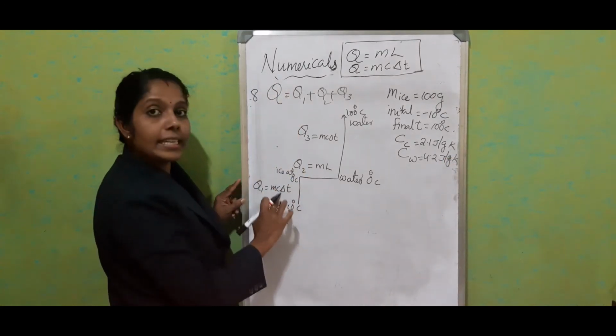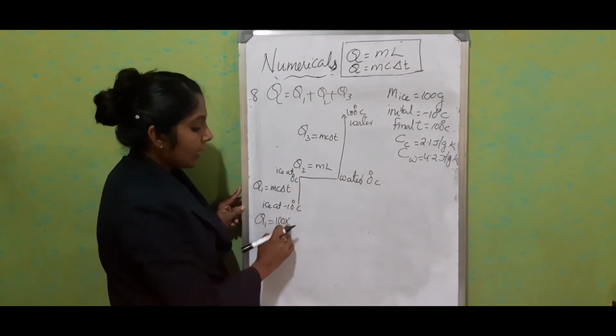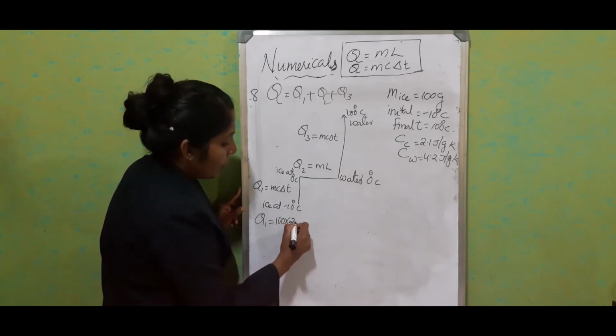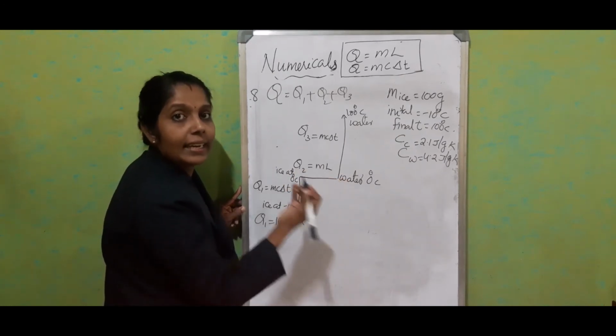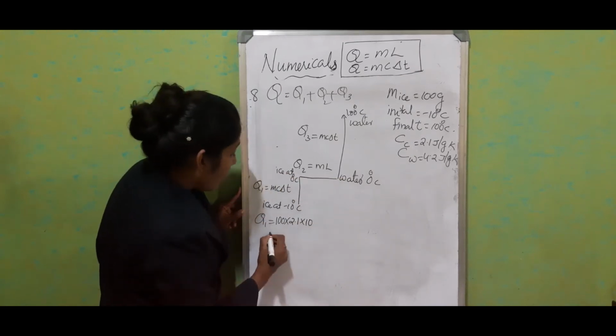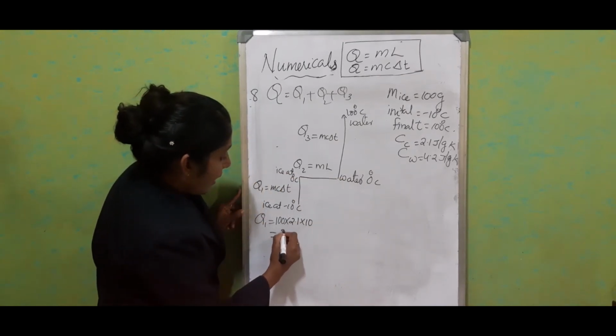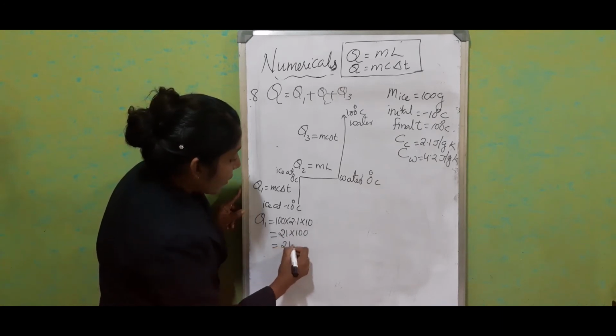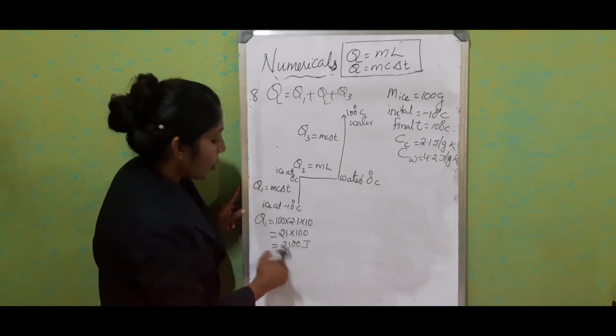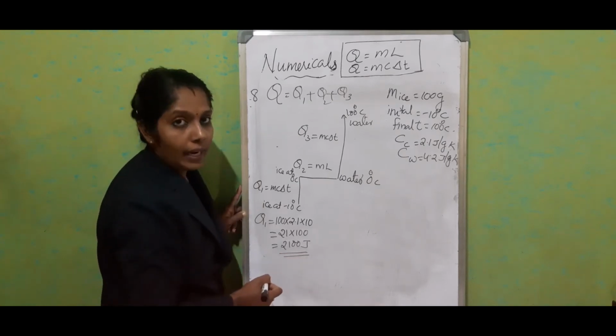So here it is in the form of ice, so we will consider 2.1 into 100 into the change 0 minus minus 10. It's 10 only. So we'll get 21 into 100 is equal to 2100 joule. So Q1 is equal to 2100 joule.